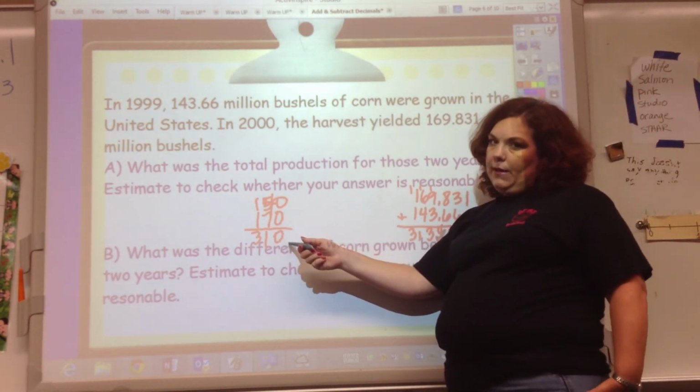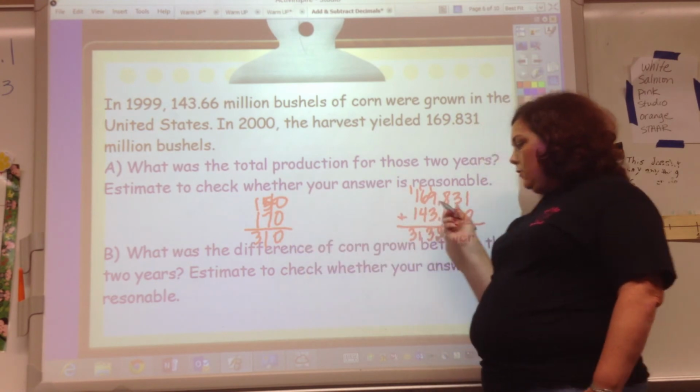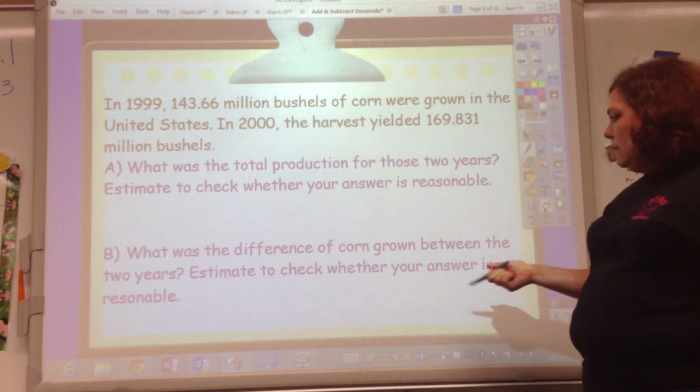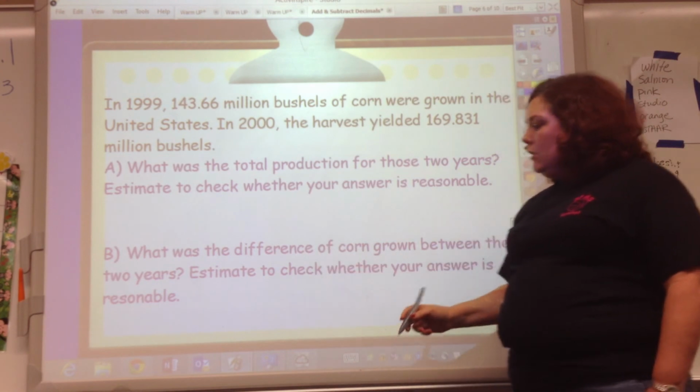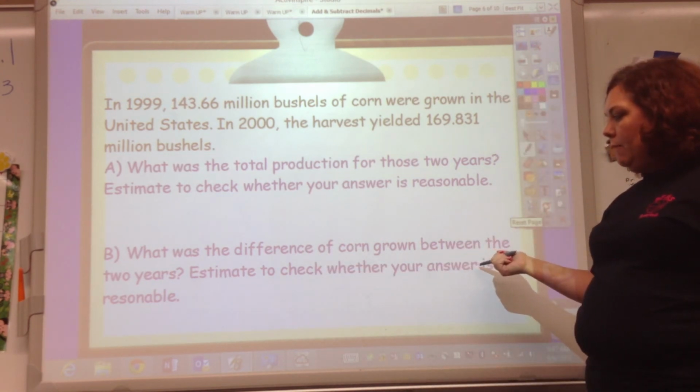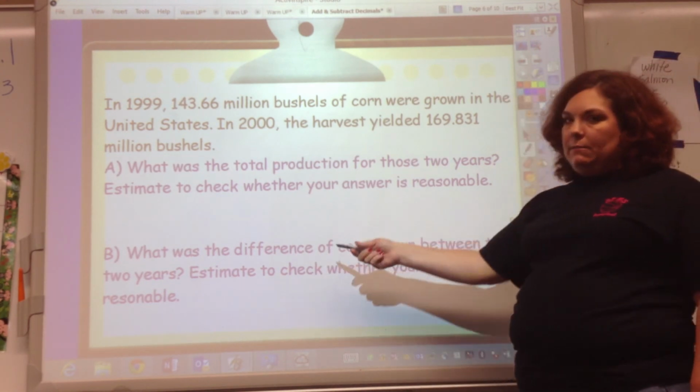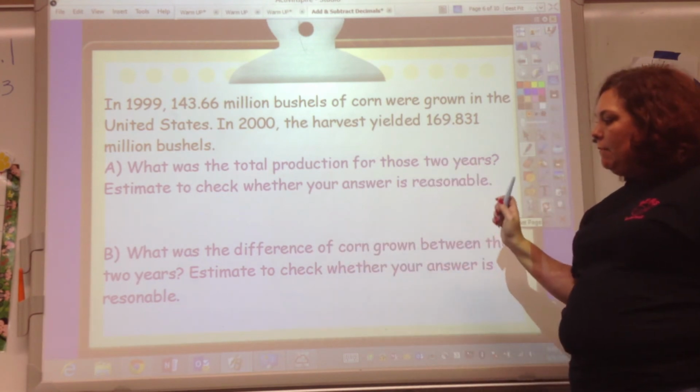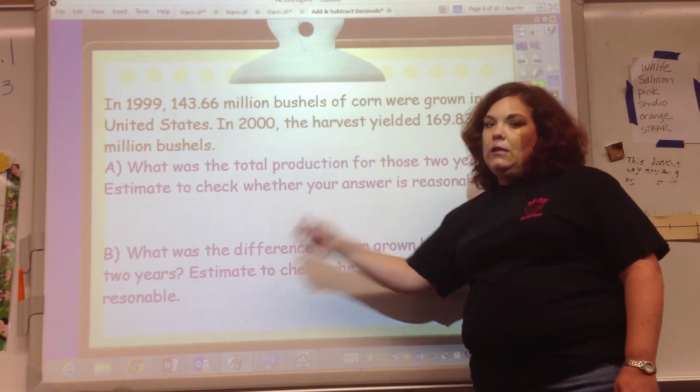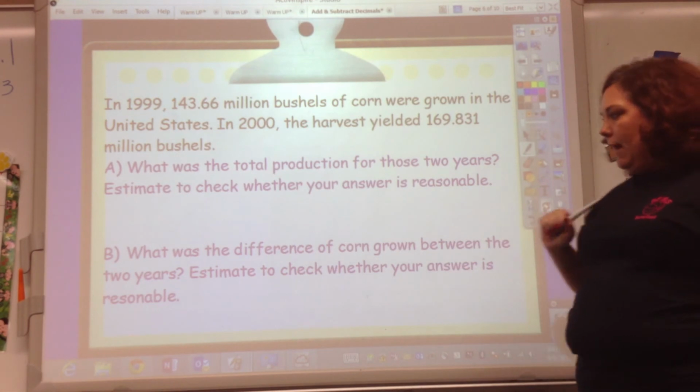Really close to 310, so my estimate was really good. This next one talks about the difference, and difference means to subtract, so go ahead and do this problem. Set it up, make sure you estimate, do the actual, and then come back.